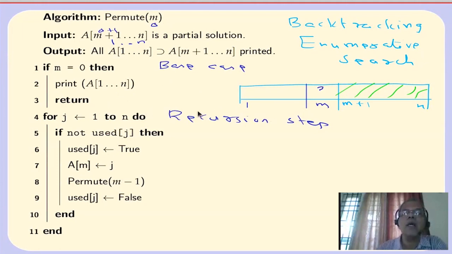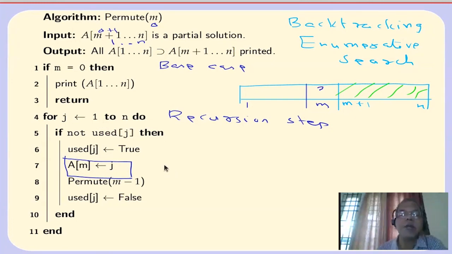Okay. It is not a complete solution. What should we do? We have to put every possible choice in M. For J is equal to 1 to N, we want to put a value in A at M. Every possible value for A at M: J is equal to 1, we can put the value 1 or put the value 2 or put the value 3, put the value N and so on.